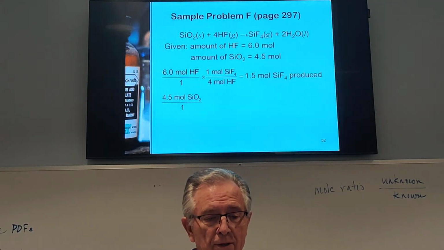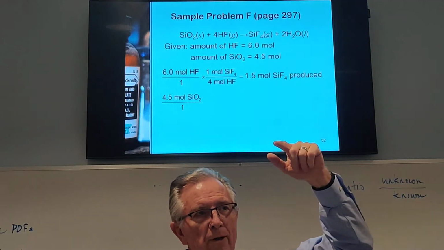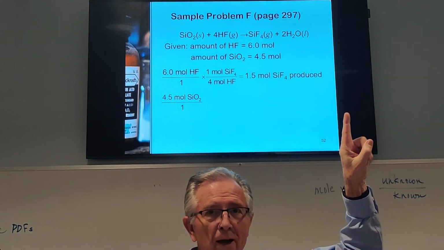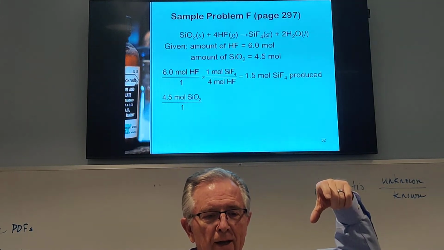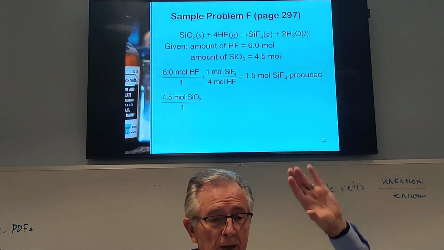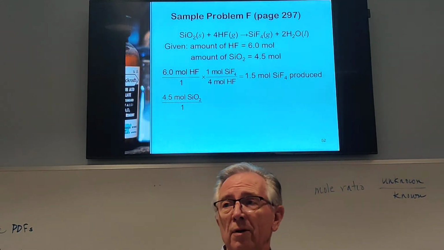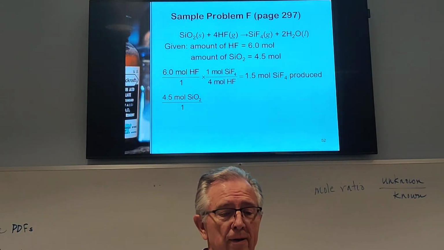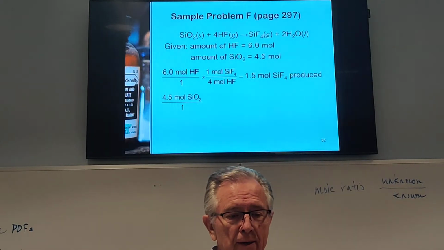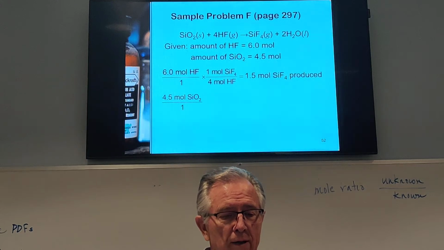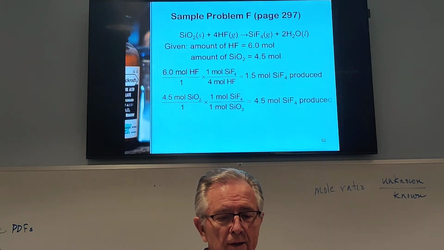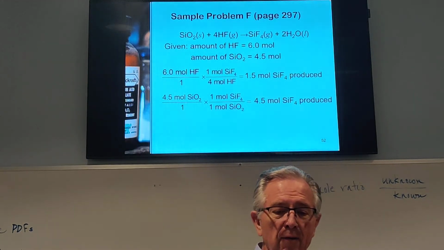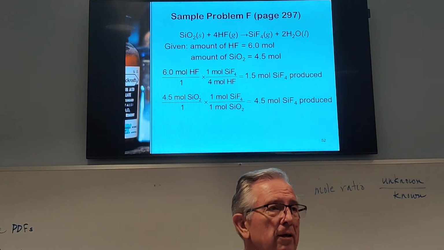What's the coefficient in front of SiF4? Same as in the previous one, a 1, right? And what is my coefficient in front of the SiO2, which is now my known? Well, it's also 1. So this one's 1 over 1. So on this one, I'm going to get 4.5 moles.